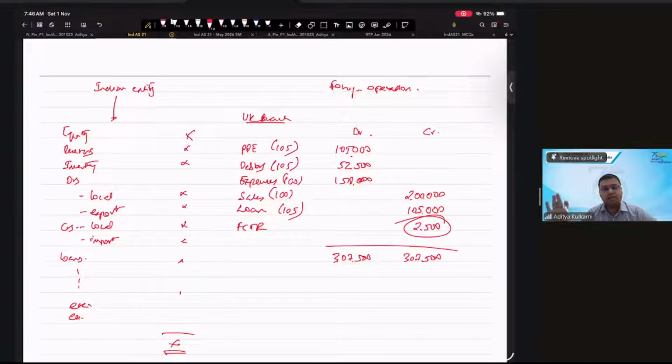On shutting the branch or the subsidiary, or closing or liquidating, there is a 200% possibility that you are going to realize this reserve. It may be more than 2,500, it may be less than 2,500, whatever it is. But there is a strong certainty that this reserve will get realized. So now you tell me, should it go directly to my reserves and surplus, or should I route it through other comprehensive income?